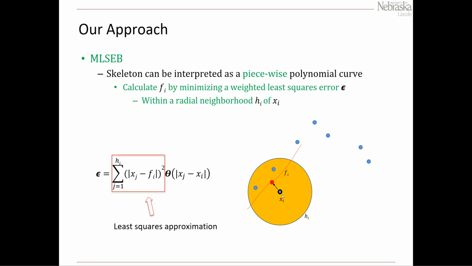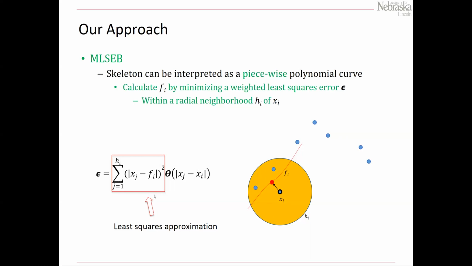For each sampling point xi, we form a radial neighborhood hi. Then we use least square approximation to calculate the local curve fi, using a weighted least square error, and we try to minimize this term.